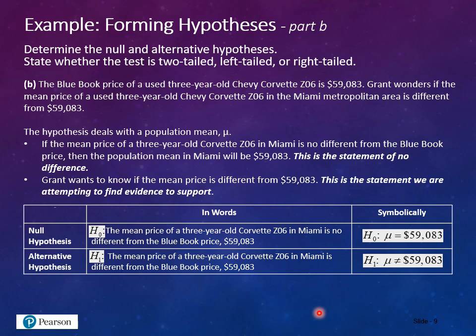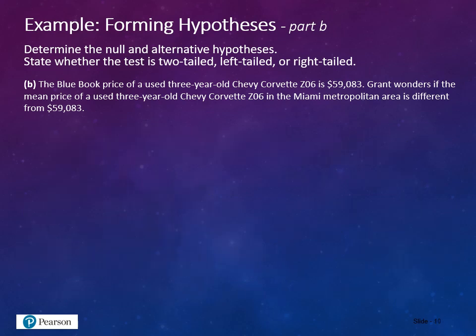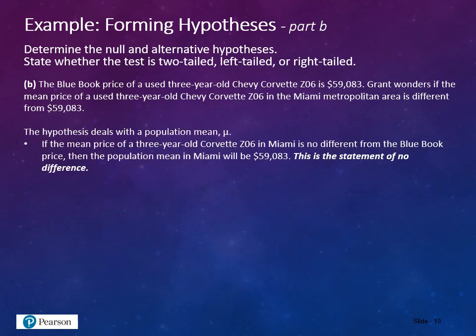So again, I would reword the null hypothesis to say that it's the same, and then the alternative is that it is different. And you can see that it doesn't equal, okay? This is a two-tailed test because the alternative hypothesis contains a not equal, okay? Our last example, that's not our last example.